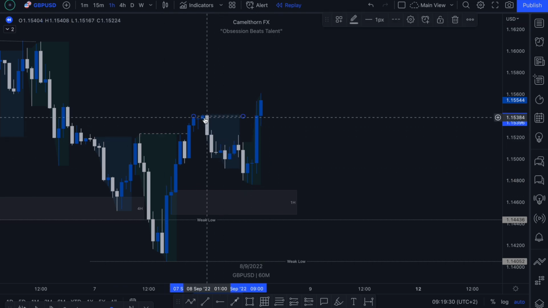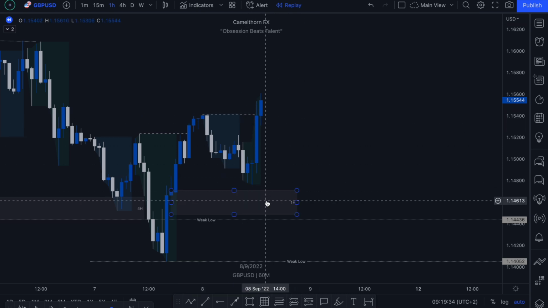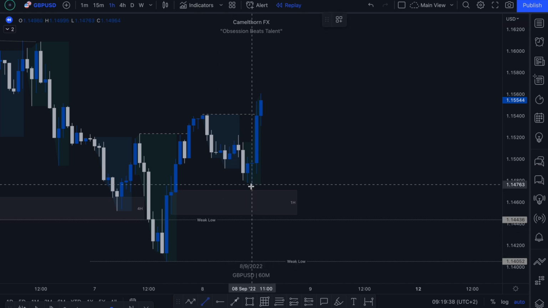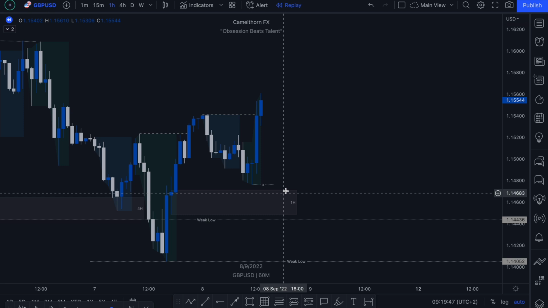What we then actually did is we went and put in another break of structure to the upside. Now, all this did is this just generated some liquidity for us, which was a good thing because it left some liquidity just above our demand zone that we're looking to trade.